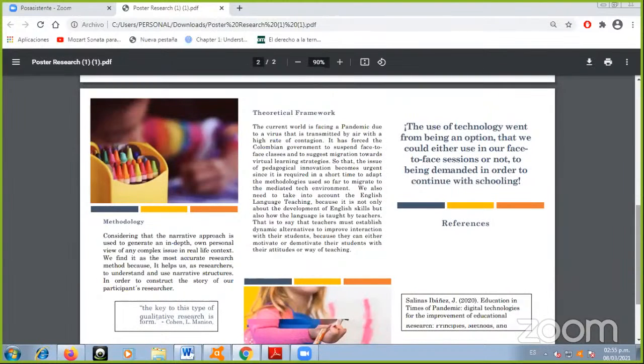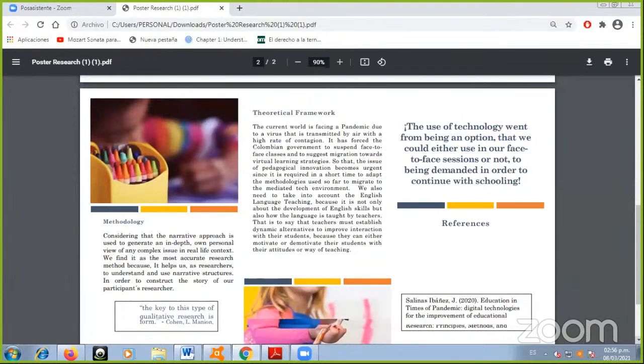Okay, in the theoretical framework, as we already know, the current world is facing a pandemic due to a virus called COVID-19 or coronavirus that is transmitted by air with a high rate of contagion. It has forced the Colombian government to suspend face-to-face classes and to suggest migration toward virtual learning strategies.